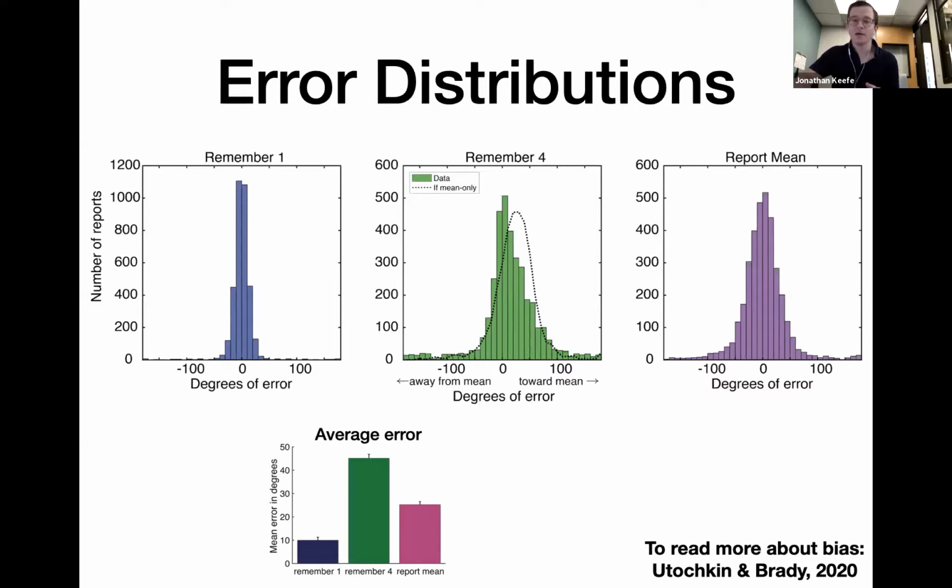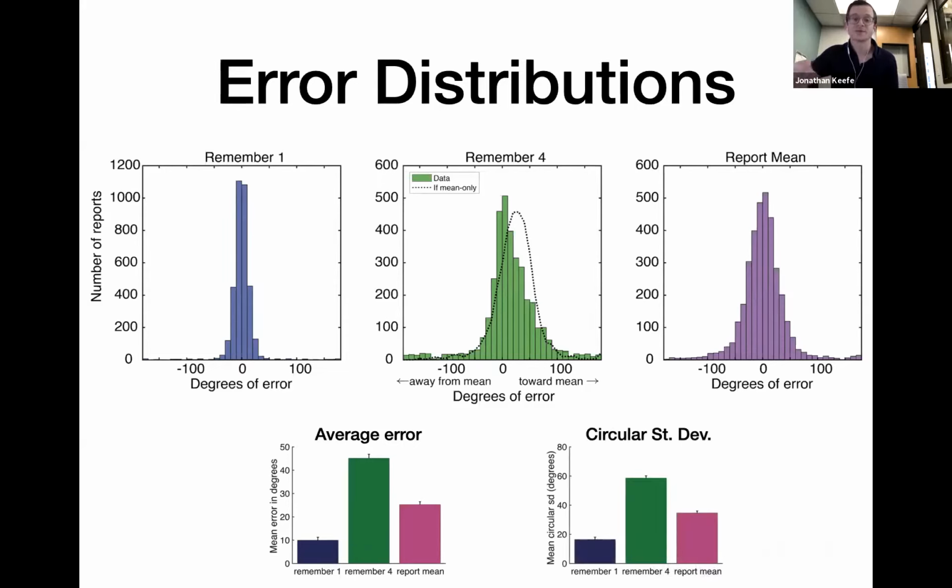It's worth noting that even though subjects were not simply reporting the mean of the set in the remember four task, they were biased towards the mean of the set. And this replicates previous work demonstrating that even individual memory representations can be influenced by the ensemble characteristics of the set that they're presented within. Additionally, as we can tell from the width of these distributions, the same pattern is present in precision, measured by circular standard deviation.